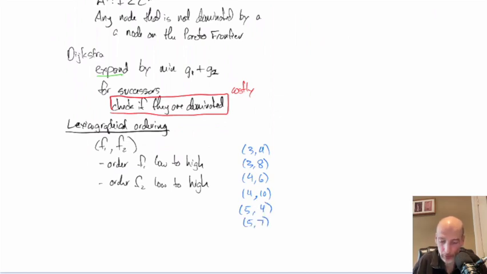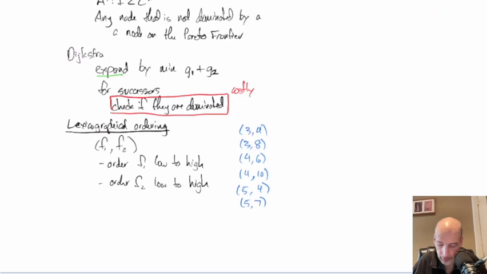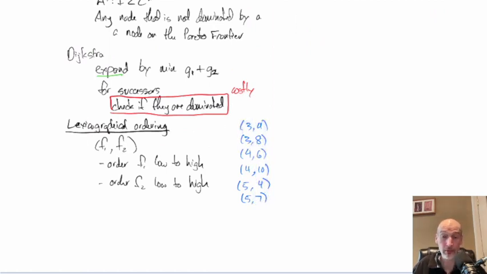And we could continue here. I've already put these in lexicographical order. Why are they in that order? Because the first metric is sorted from low to high, 3, then 4, then 5. And then among those that are tied, the second metric goes from low to high. So that's lexicographical ordering.